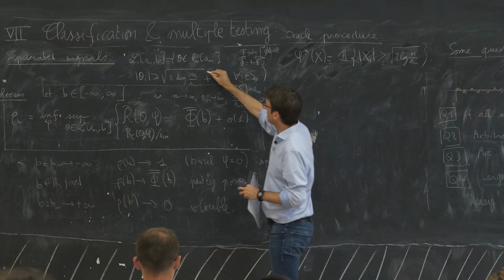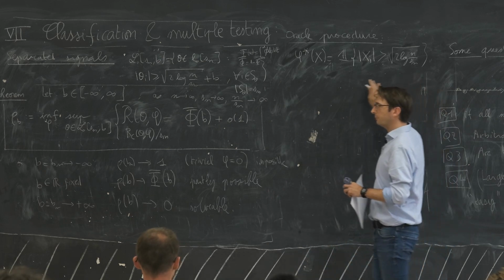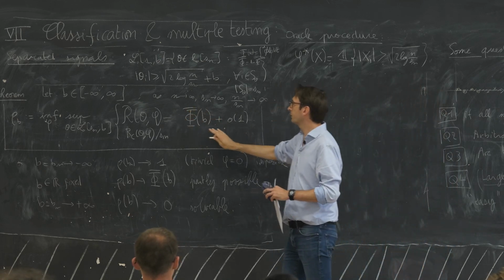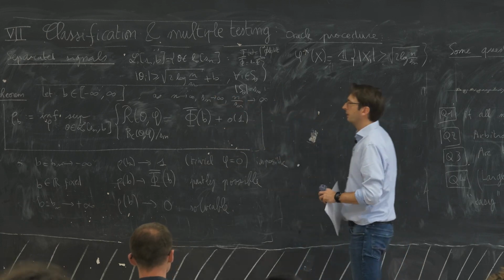And here I ignore the b, but this procedure will automatically adapt to this optimal constant just because it's at the right scale, essentially.